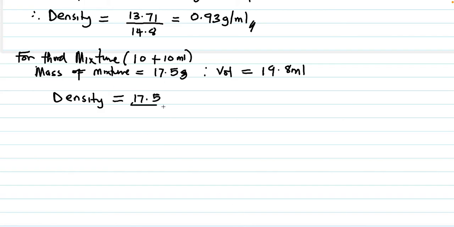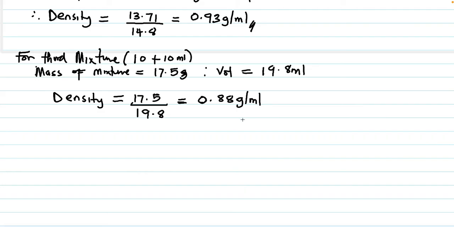The mass of this mixture is 17.5, right? The volume is 19.8. So we have 17.5 divided by 19.8, and we get 0.88 gram per mil.